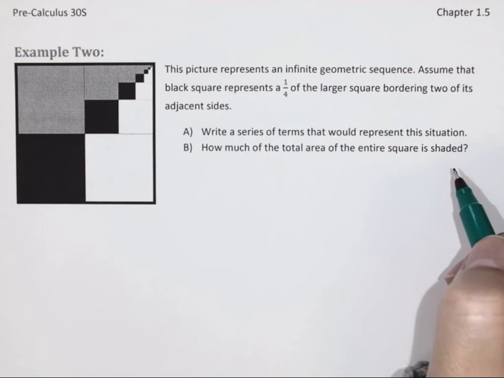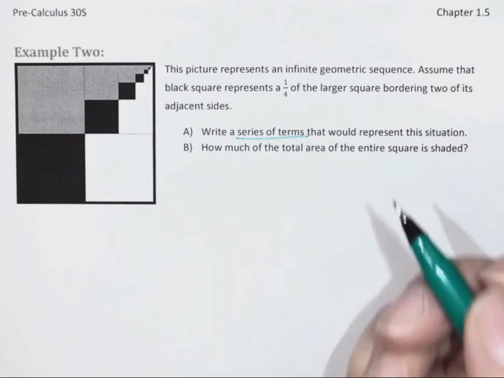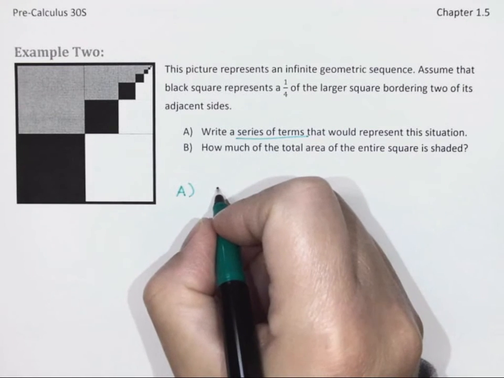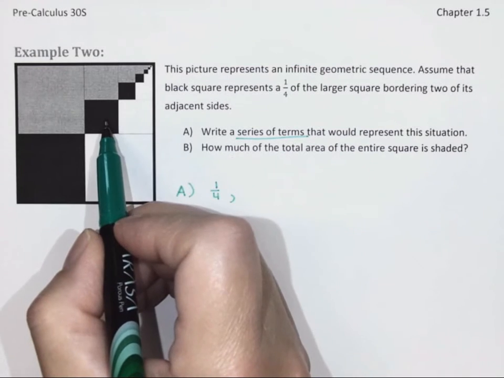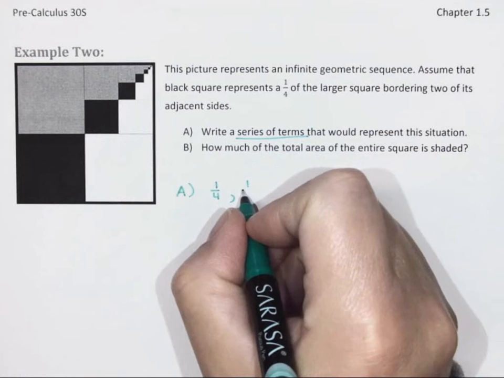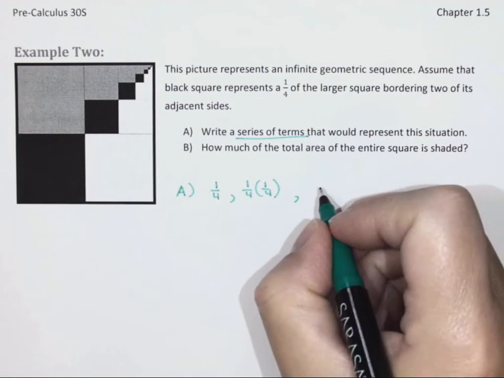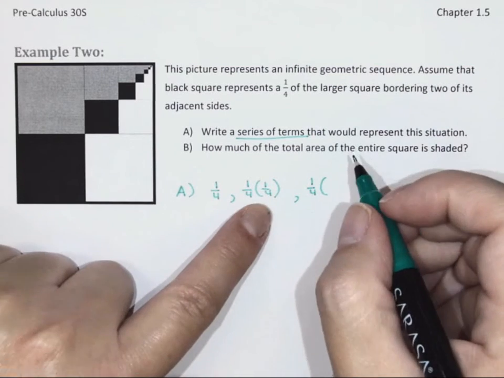All right, so let's start. Write a series of terms. So we're going to write them out. So A is, what are we starting with? We're starting with a quarter. Okay, and then this one, it is a quarter of a quarter. So 1/4 of a quarter. And then the next one is going to be 1/4 of what this term was.